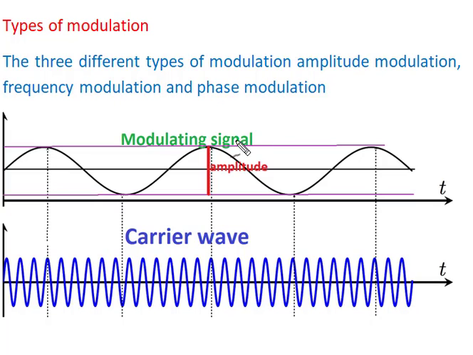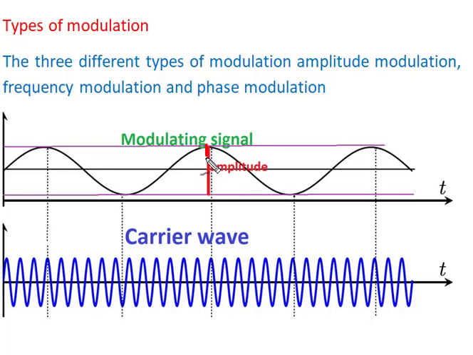For the modulation process, we need two signals. One is the message carrying low frequency modulating signal, and another one is the carrier wave. The modulating signal has three different parameters.